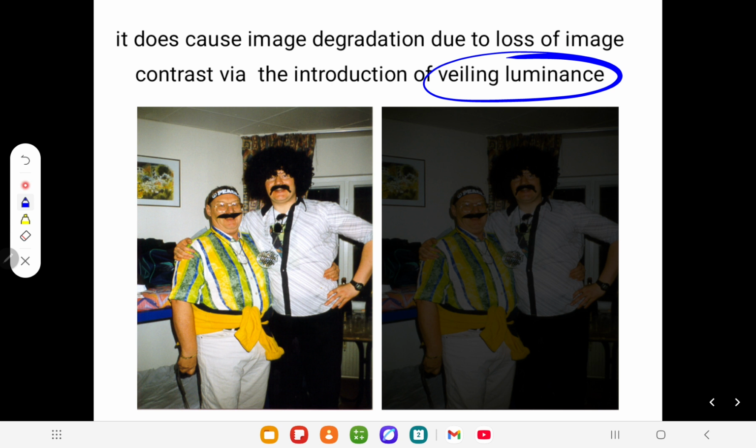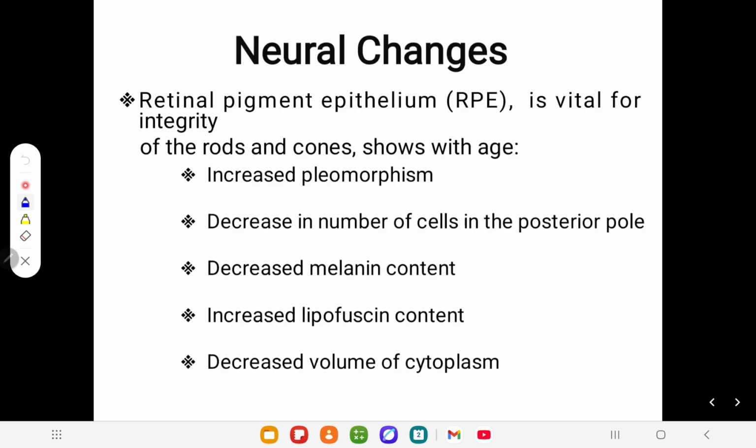Veiling means a veiling effect. Can you see this picture? The picture is still clear, the face is still seen, but it has low contrast. That's what scattering does.